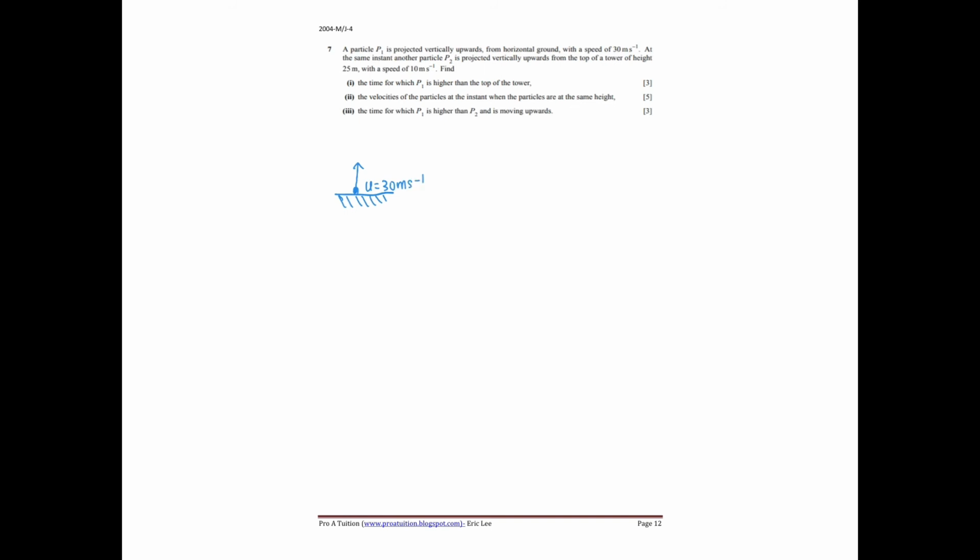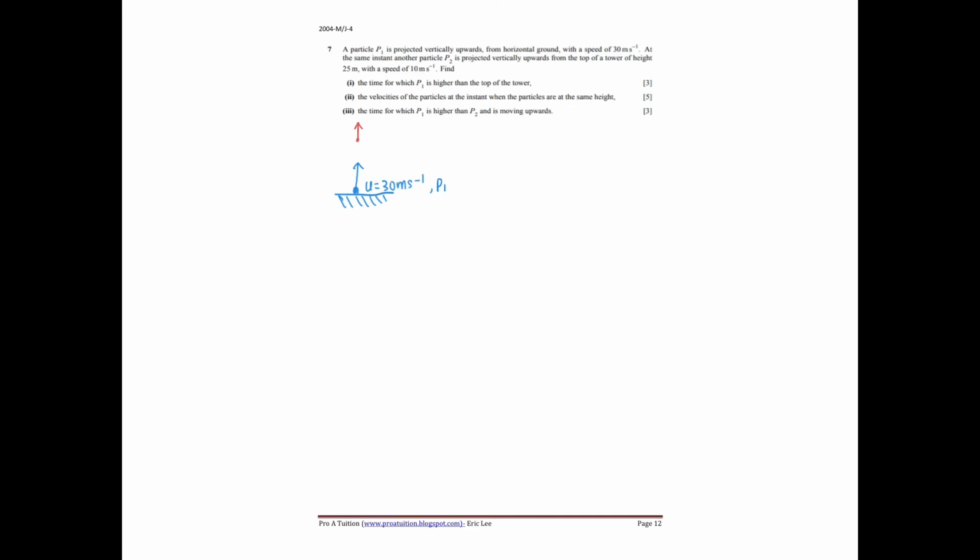Okay, so let's continue. At the same instant, another particle P2 is projected vertically upwards from the top of a tower of height 25 meters. Okay, so let's say this is P1, and another particle, let's say I use red color, P2.